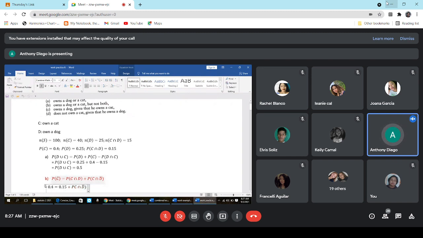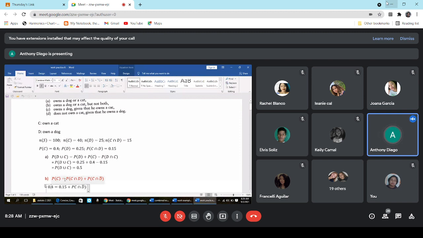So we have that the probability of C is equal to the probability of C intersecting D, plus the probability of C intersecting D complement. So here we are finding the probability that a person owns a cat, but not a dog. The probability of owning a cat is 0.4.